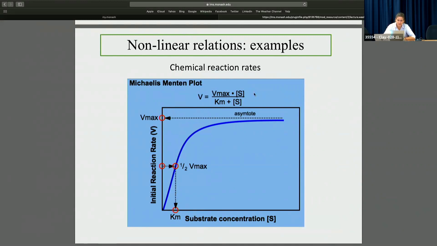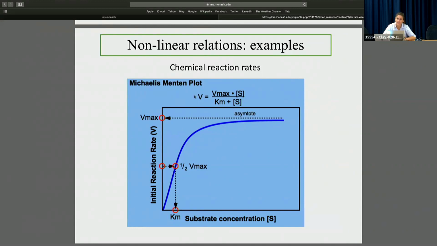You fit a certain function to this relationship. So initial reaction rate, the rate that the enzyme works at, is related to the substrate concentration. And this relationship has a really clear look to it that's to do with the biochemistry, and it can be described in a nonlinear equation.